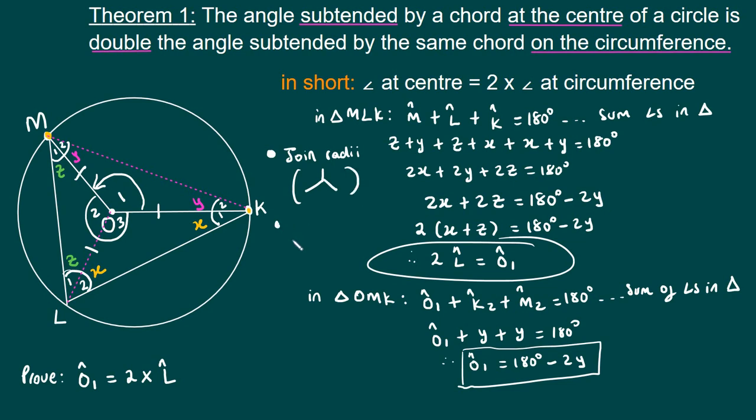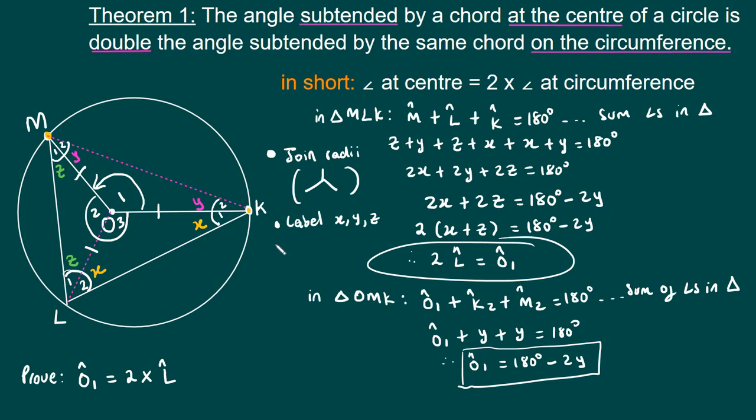And then after joining the radii, we label X, Y, and Z on the angles that have been formed. And then after labeling the X, Y, and Z angles, then what do we do?